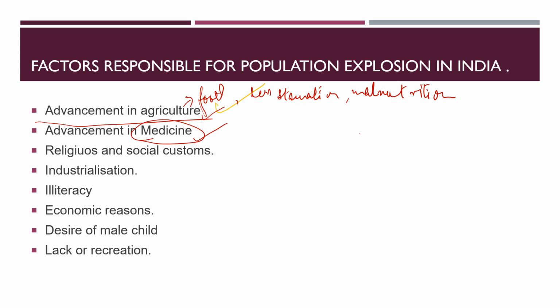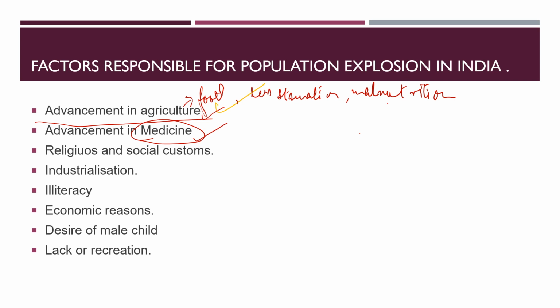Previously, many people would die before their reproductive age only due to certain diseases, but now several medicines and vaccinations are there, and people are producing more children because many fertility techniques have also come. Like in vitro fertilization and many other methods, and many medicines and vaccines have been invented, which are reducing the diseases and increasing the lifespan. So this is another important factor for population explosion.